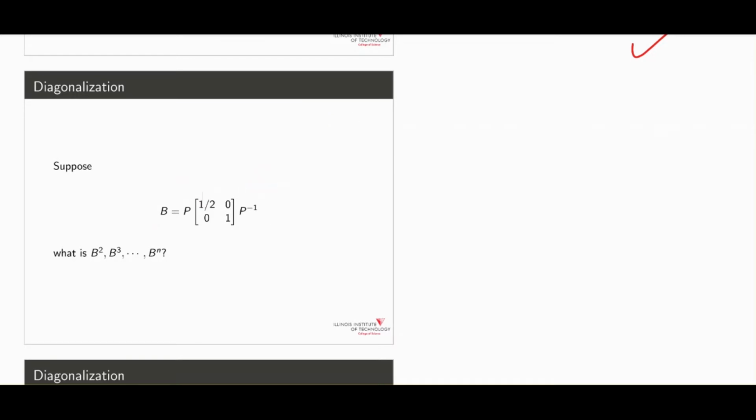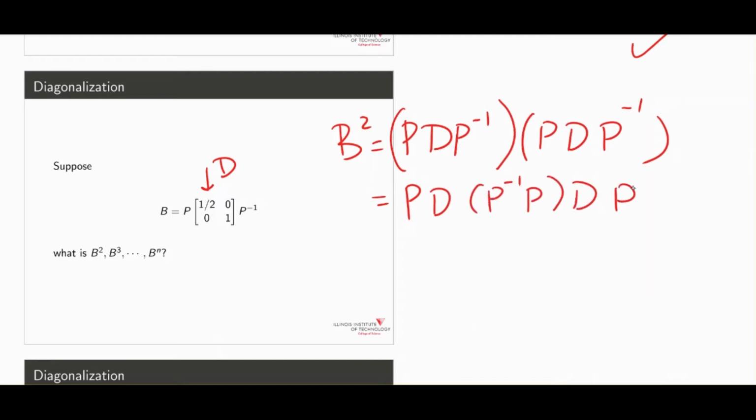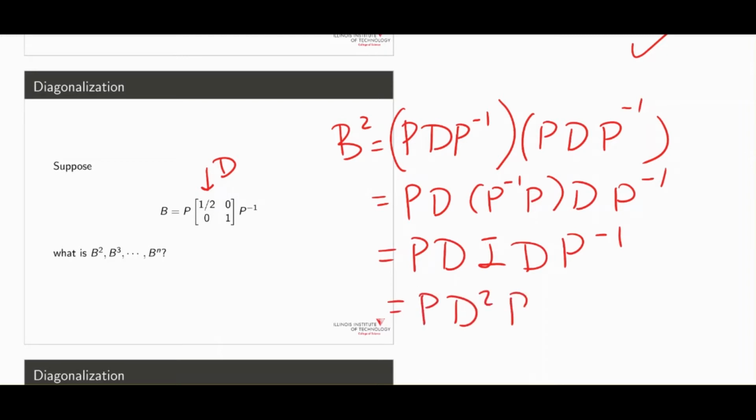If we call this diagonal matrix D, then B squared is going to be P D P inverse multiplied by P D P inverse. Because matrix multiplication is associative, we can write it like this, and P inverse and P will make an identity matrix. So here this will be P D squared P inverse.